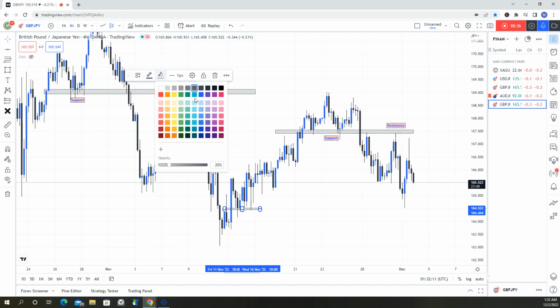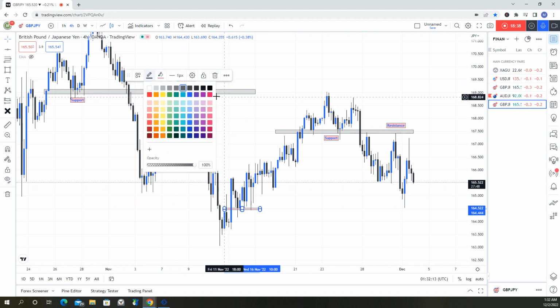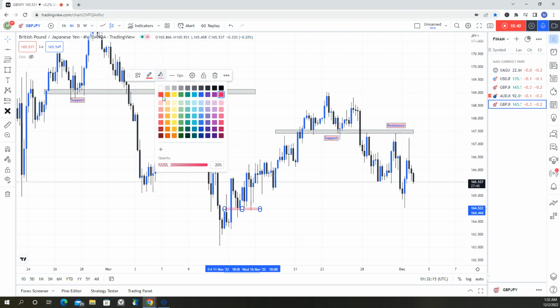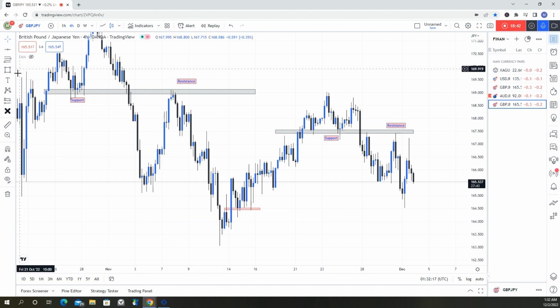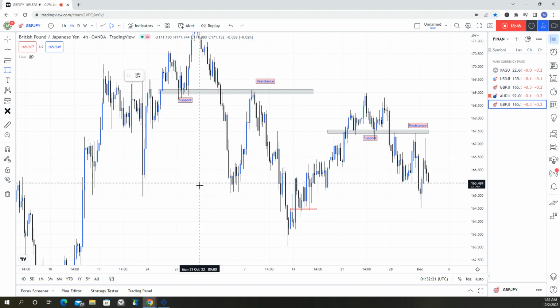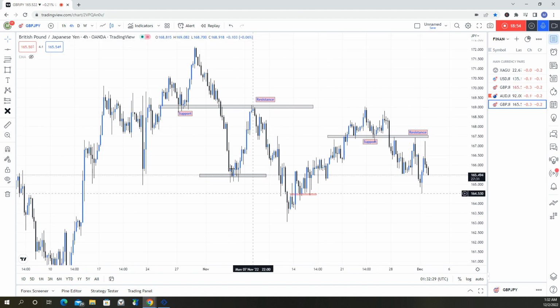I'll put them in red. And we want to focus on big levels that have big volume like this. We want this. We want to see this. We love this. And this is what actually makes us money in the Forex market.